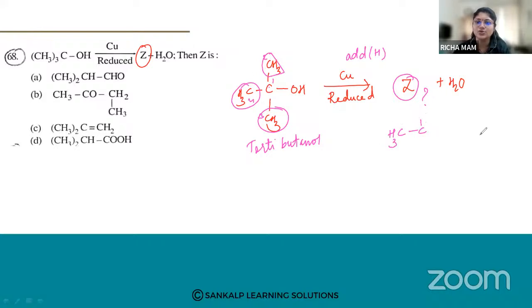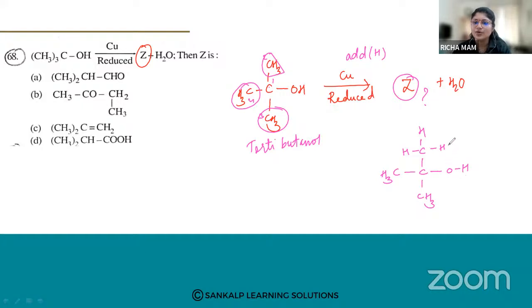I'll explain it down. CH3, C, then H, CH3 and OH. So what will happen here?